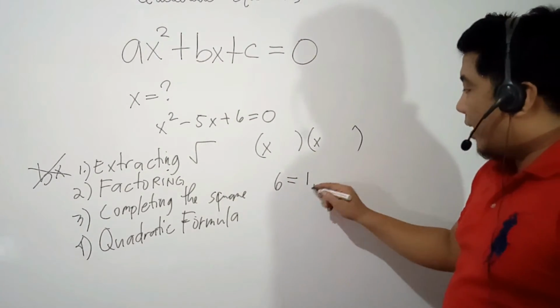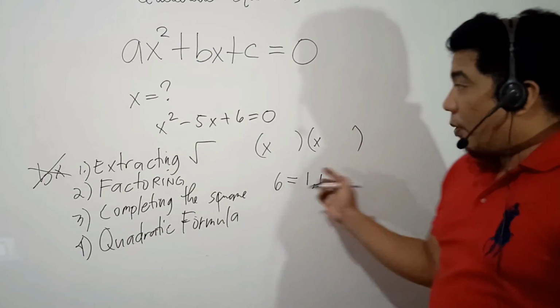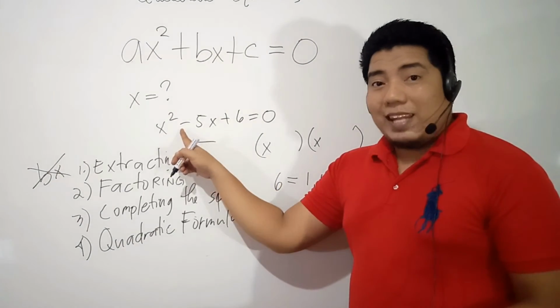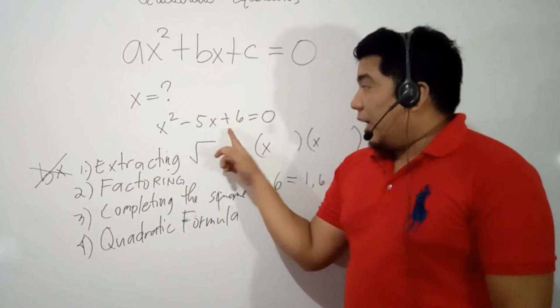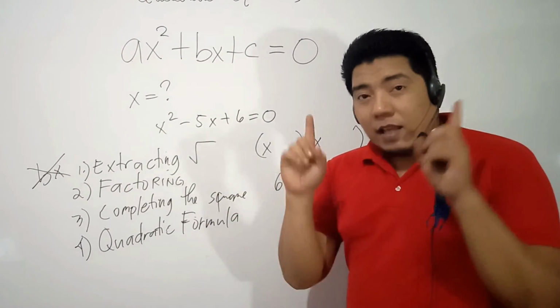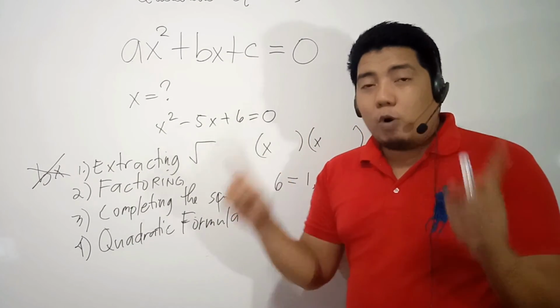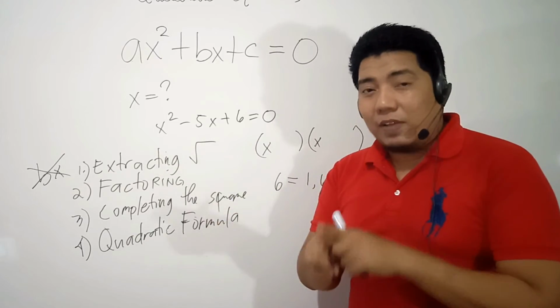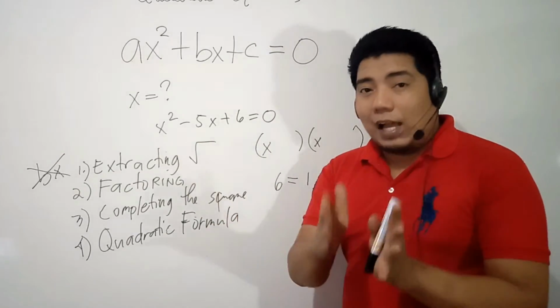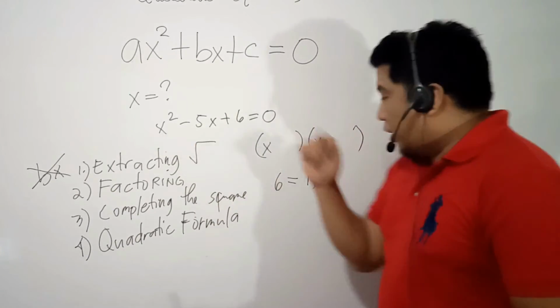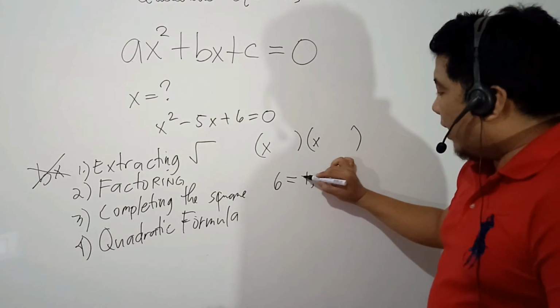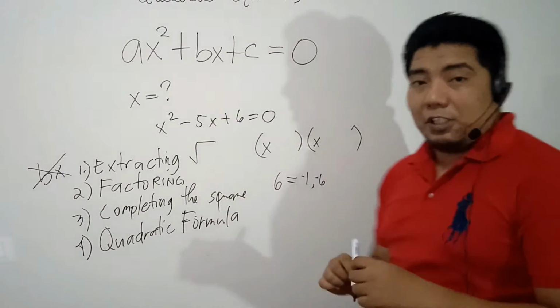We have 1 and 6, right? However, we are dealing with negative numbers. Remember, if the product is positive, the two factors can only be both positive or both negative. Since we are dealing with a sum of negative 5, we will consider only negative pairs of factors.